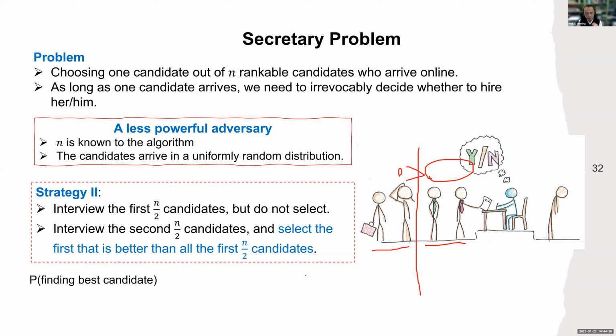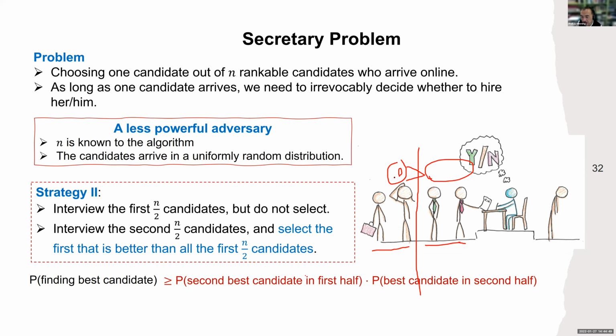This one is a bit hard to analyze, but still manageable. Finding the best candidate using this algorithm can be broken down into the product of 2 probabilities. In order for you to choose the best one in the second half, the best one must be in the second half. This is the first probability. There's another event that must happen in order for you to succeed: the second best is in the first half. Why?